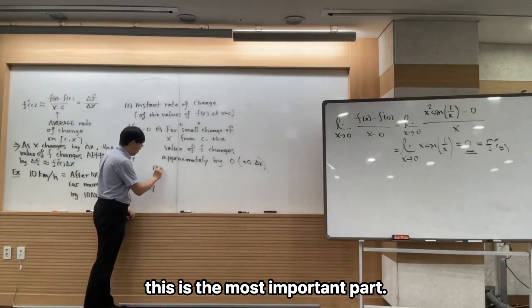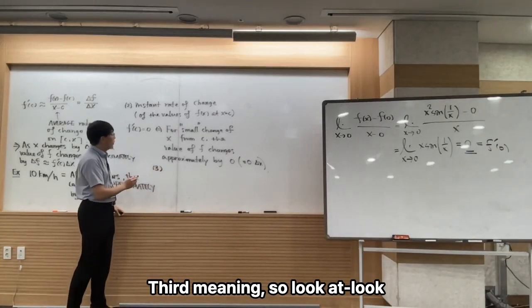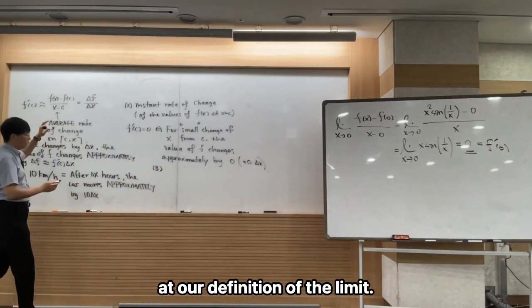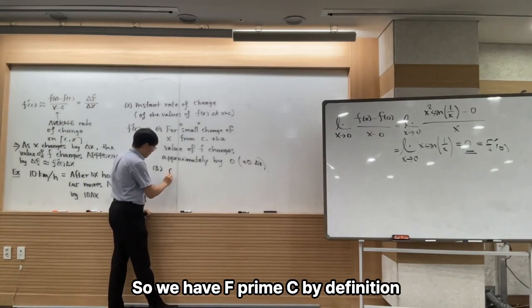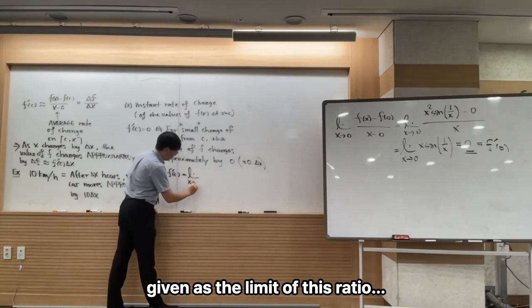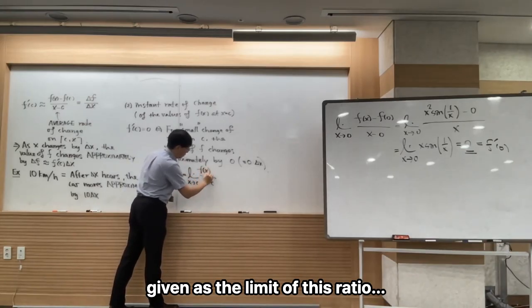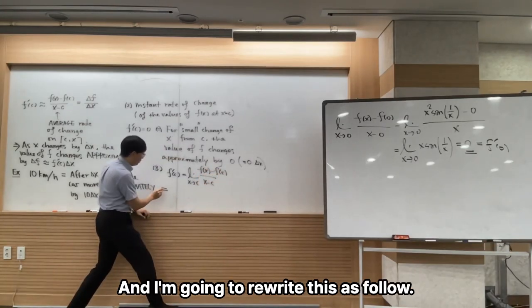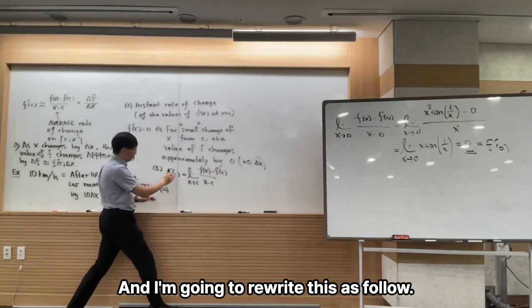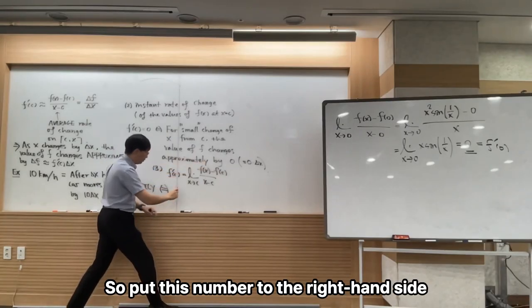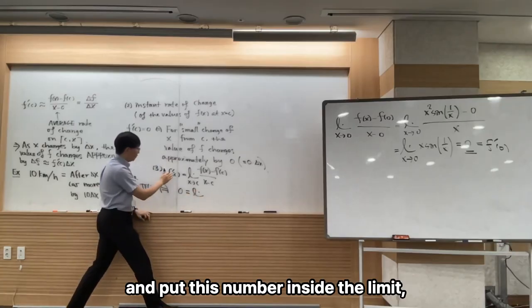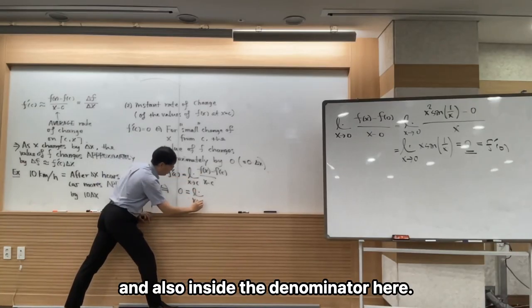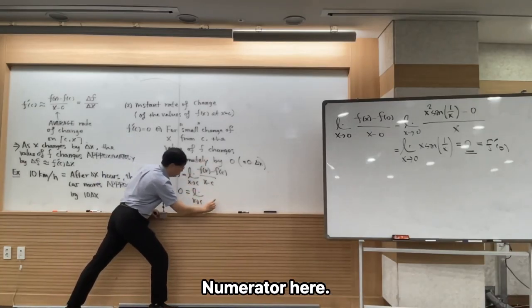This is the most important part. Third meaning. Look at our definition of the limit or differential. We have f prime c, by definition, given as the limit of this ratio. I'm going to rewrite this as follows: put this number on the right-hand side and make it 0 on the left-hand side, and put this number inside the limit, inside the numerator.